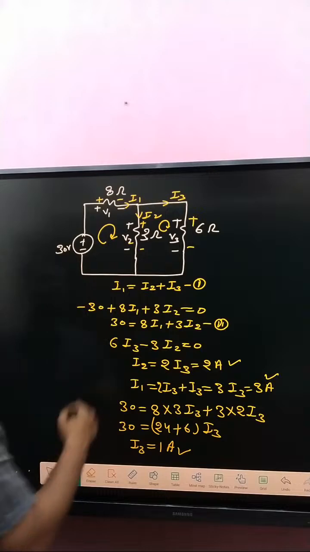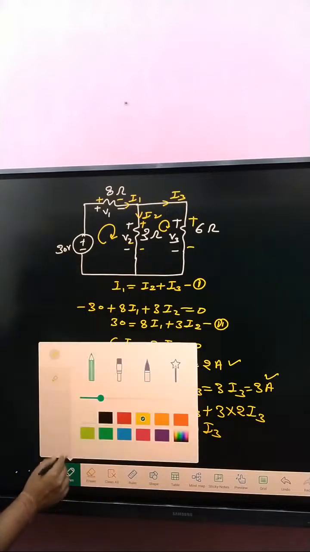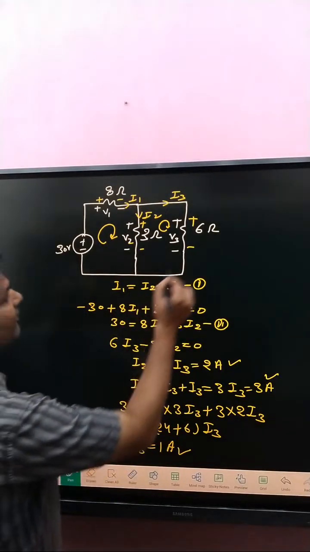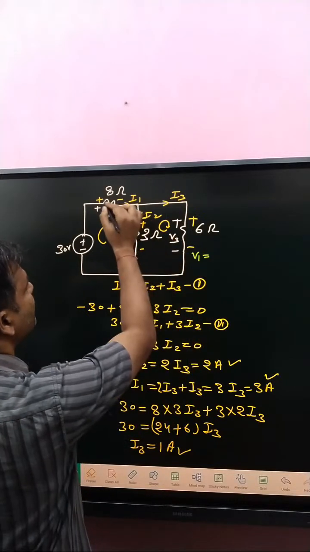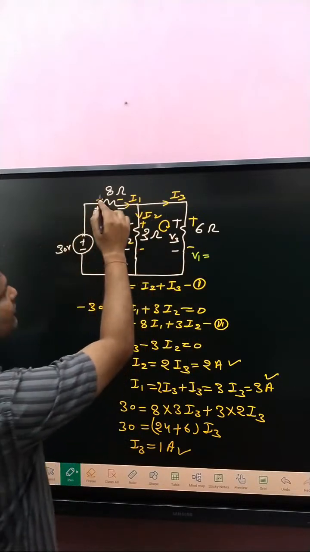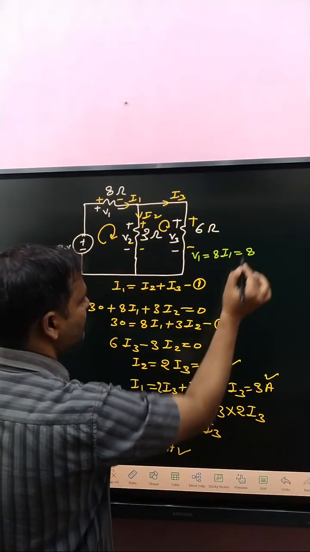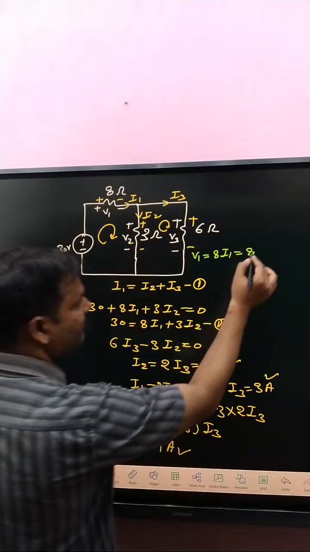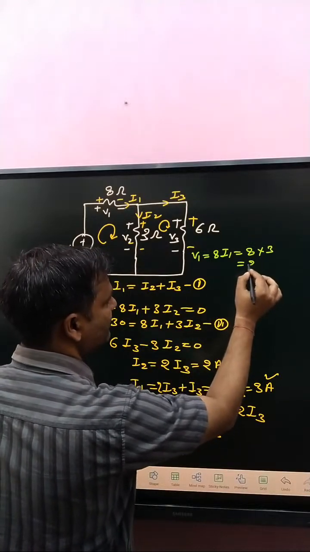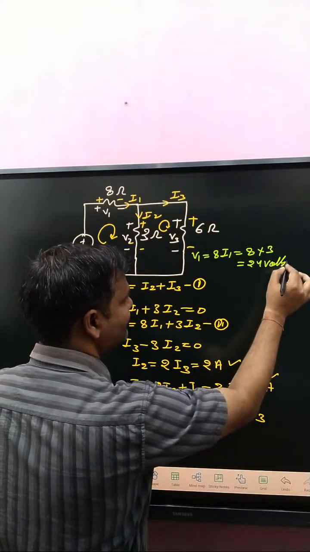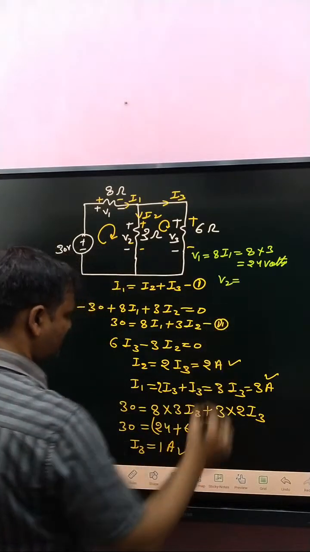But our target is V1, V2, V3. So what about V1? V1 is how much? 8 into I1, since the current direction and polarity are the same here. So 8 into I1, which is 3, so that is 24 volt. And what about V2?